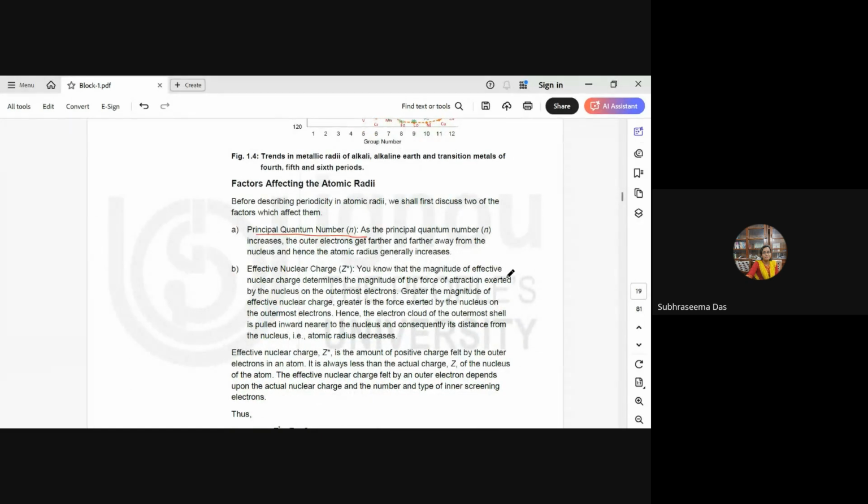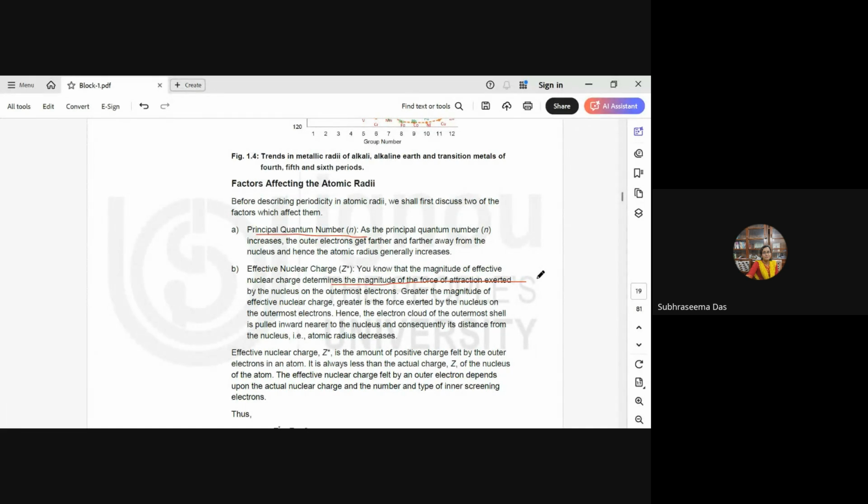The second factor that influences the atomic radius is the effective nuclear charge. So what is this effective nuclear charge? This is defined as the impact of the pull of the nucleus on the electrons. The magnitude of effective nuclear charge determines the magnitude of the force of attraction exerted by the nucleus on the outermost electrons.